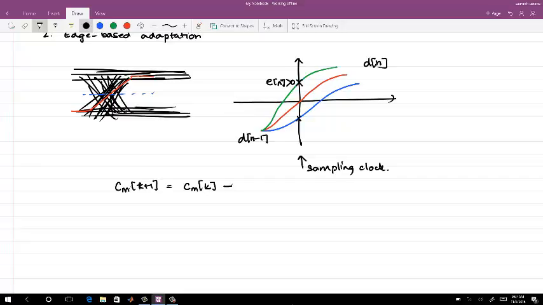If you are sampling at this point, your sampled error is lesser than 0. So either you measure the exact value of the error, or you can also measure the sign of the error, whether the error is positive or negative.